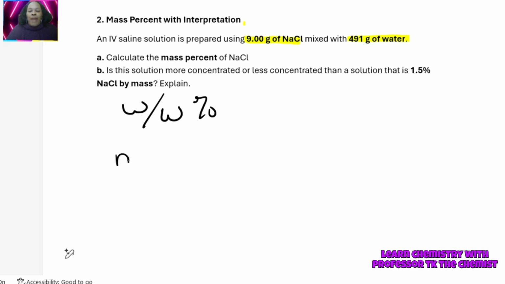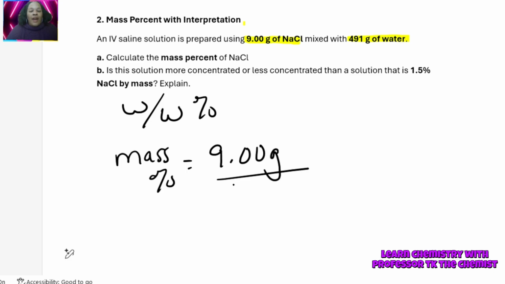So to get your mass percent, you're going to say 9.00 grams of the solute divided by 491 grams of the solvent times 100%. So let's plug this into our calculator. So we've got 9 divided by 491 times 100%, and we get 1.83%.